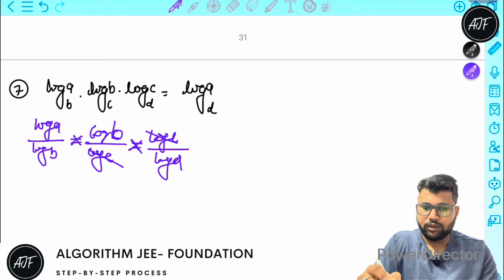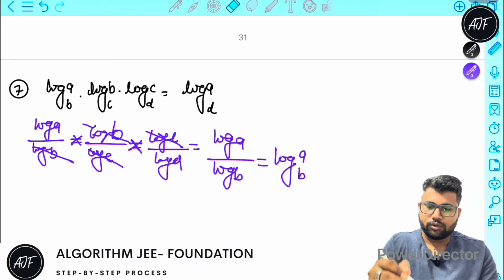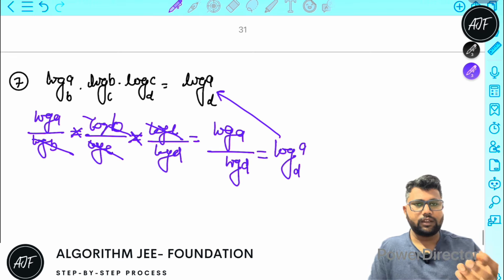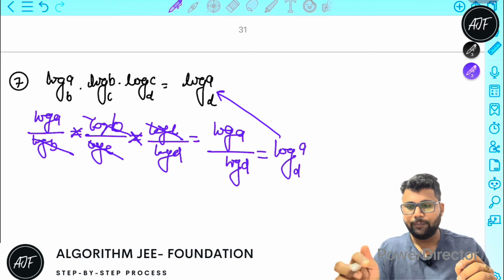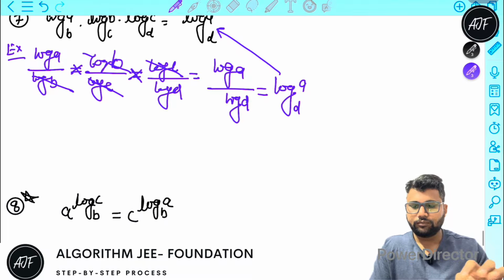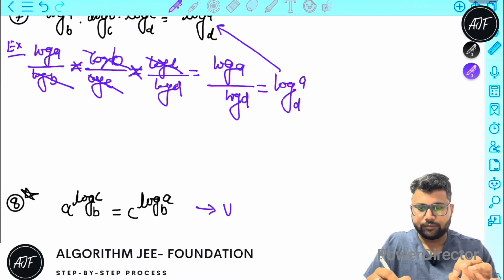Now c cancels, b cancels, and the remaining is log a divided by log b, meaning log a with base d. That's the proof. So sometimes a multiplication is given, and then you also convert it. So this one is also very important. Sometimes a question is given on this property. After that, this one, according to me, is a very important property, very important.